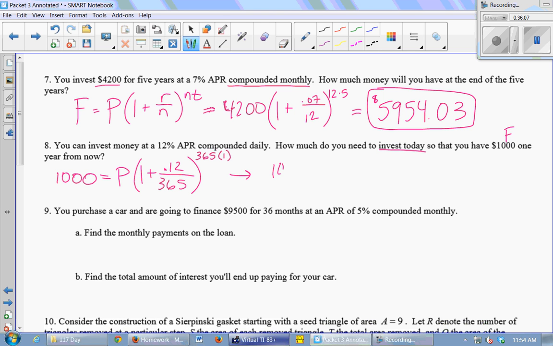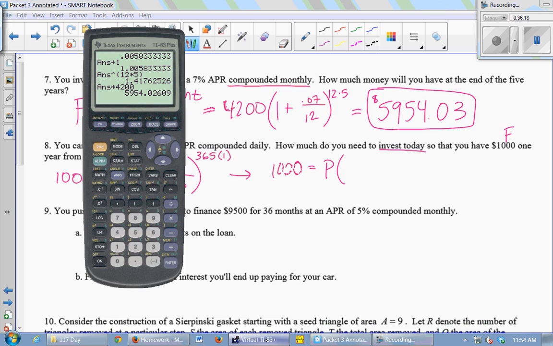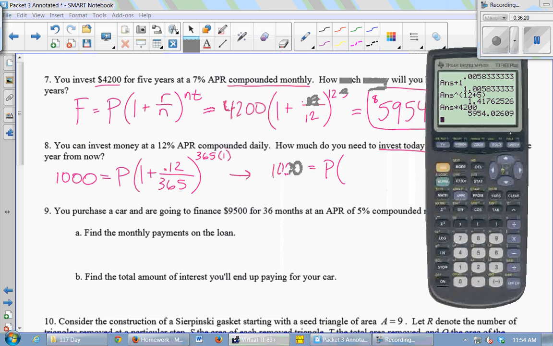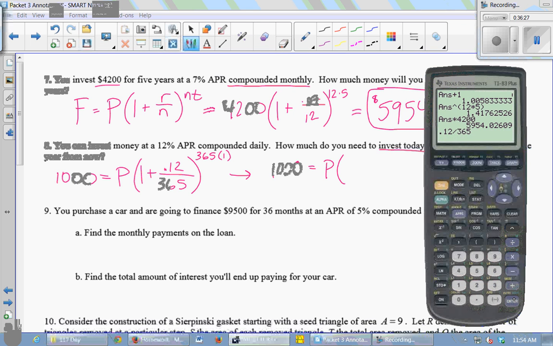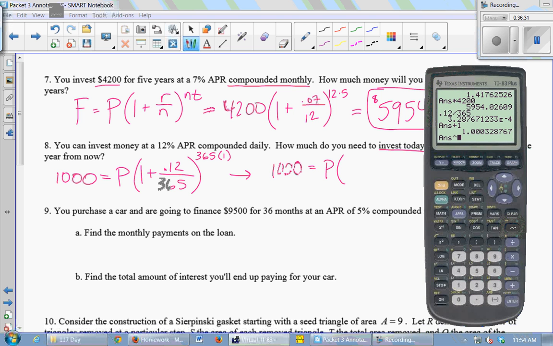Okay, so this becomes 1,000 equals P times, and now I'm just going to simplify all of this arithmetic. So in the parentheses, I'm going to do 0.12 divided by 365, then add 1, then raise it to the 365 times 1, which is 365, and I get 1.12747.